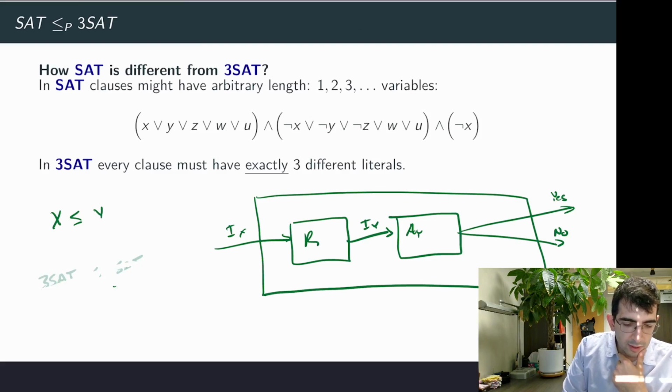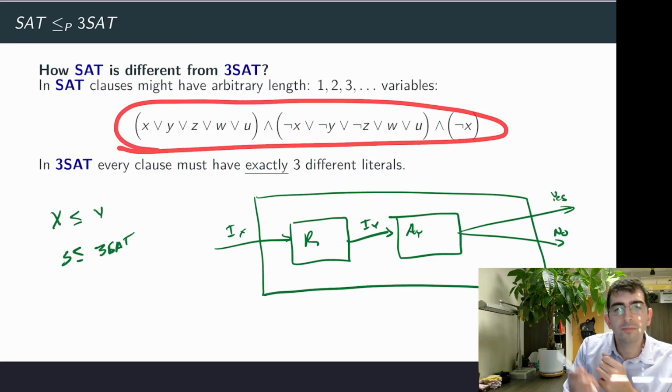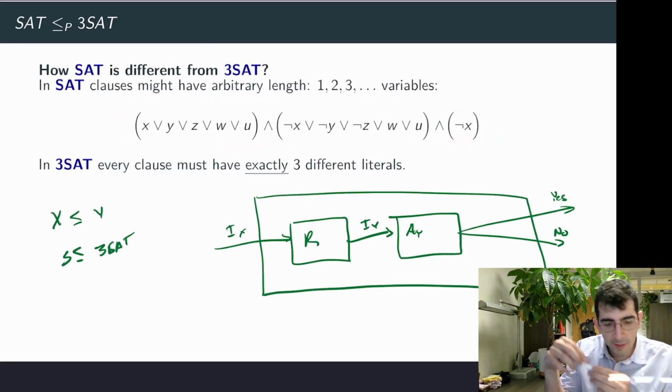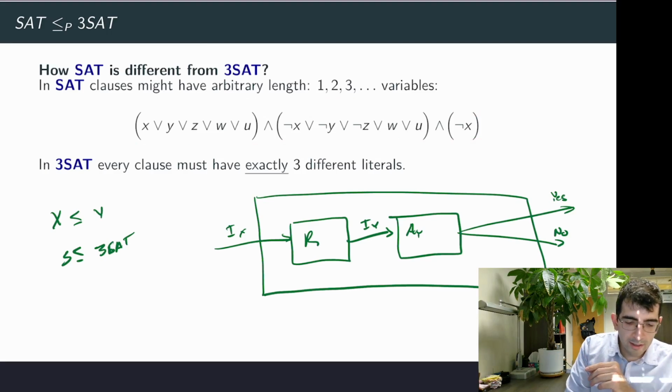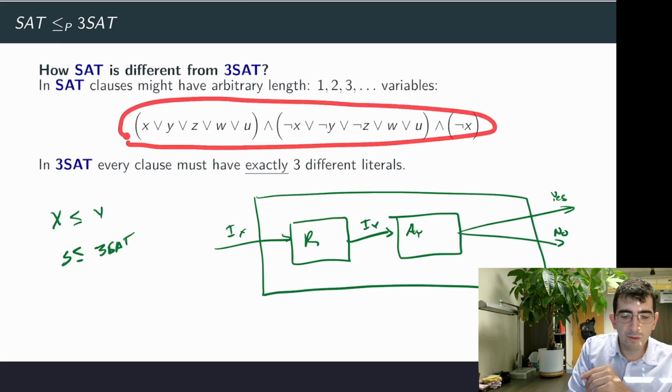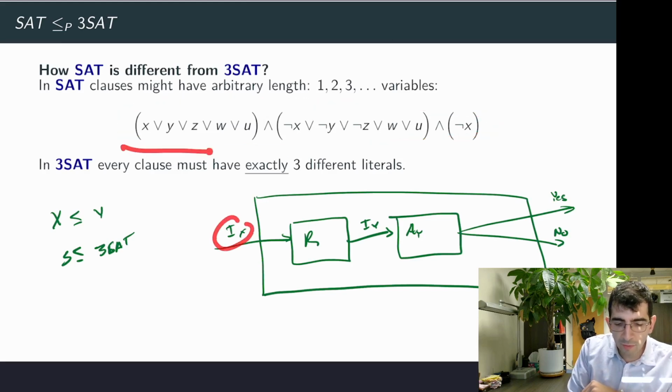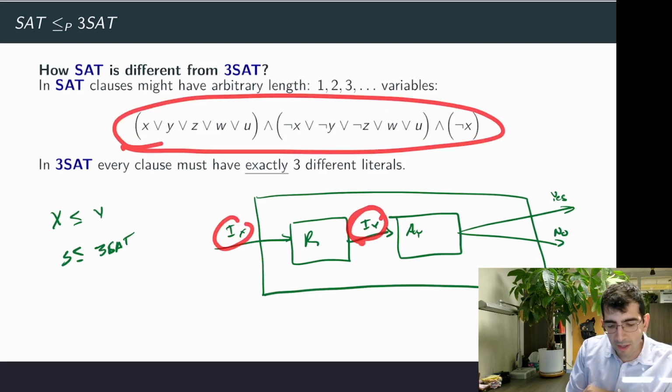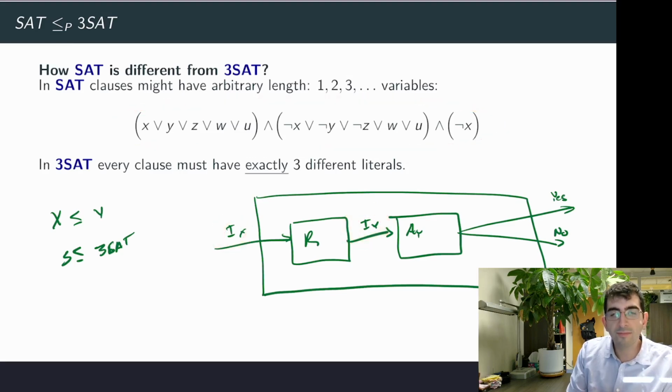Because the reduction for SAT to 3-SAT is more complex, 3-SAT is not going to take this formula. 3-SAT is not going to be okay getting a non-3CNF formula into it. So you have to somehow transform this formula into a 3CNF formula, so that if this formula is satisfiable, then that formula is satisfiable, and if this formula is not satisfiable, then that formula is not satisfiable.